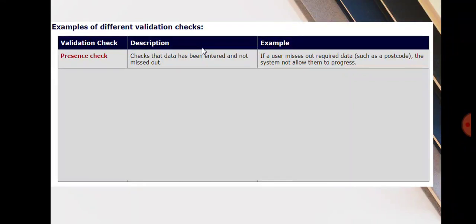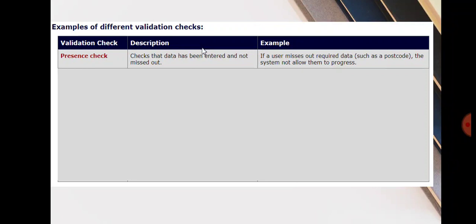This type of validation might go by different names depending on your database program. Sometimes it's called allow blank or mandatory, for example. So there are many names for the same presence check: allow blank yes or no, mandatory field. This type of validation forces the user to enter data in that field.